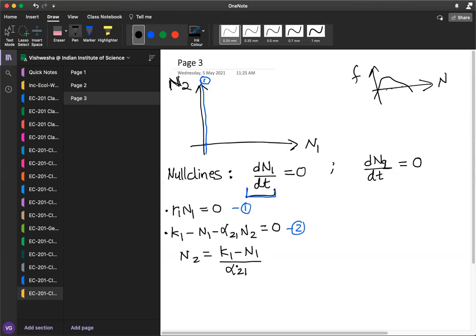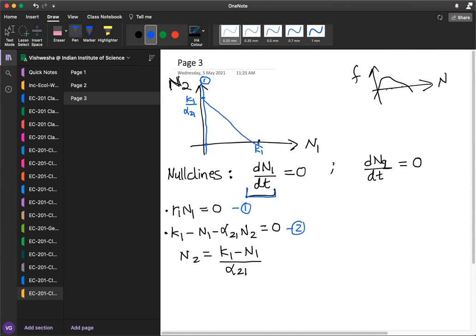Okay, so which means when N1 is 0, you have K1 by alpha 2, 1. So there is some value here which is K1 by alpha 2, 1. And then, when does N2 become 0? N2 becomes 0 when N1 is K1. So it's K1, and it's basically a straight line that connects these two.